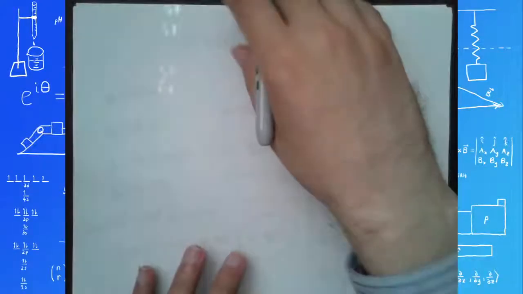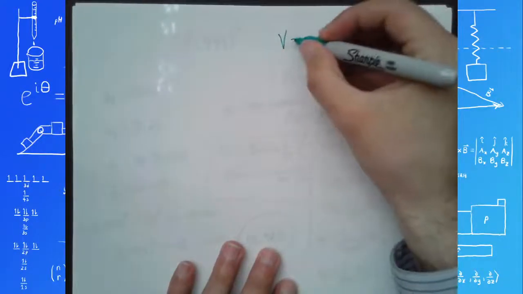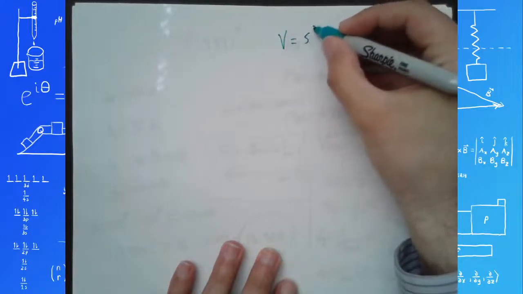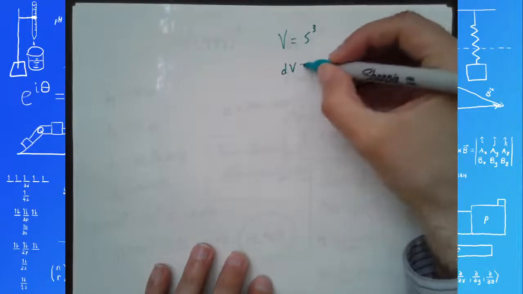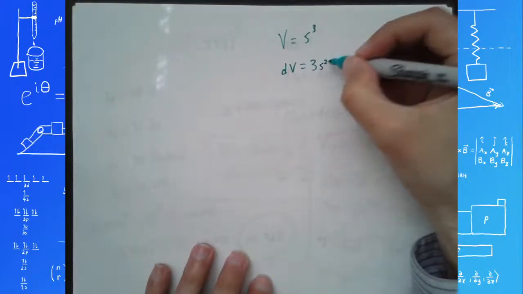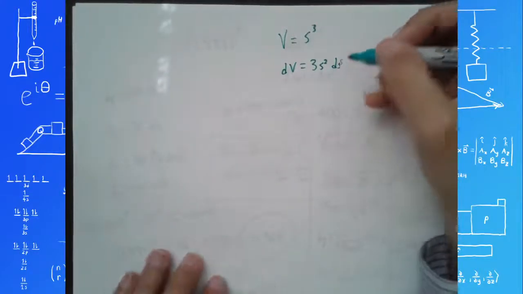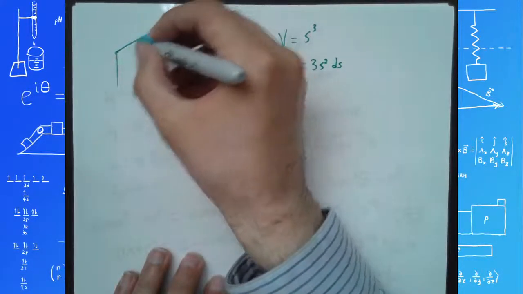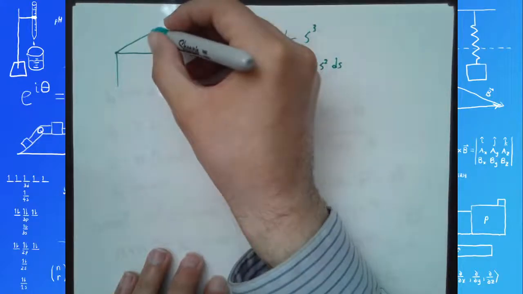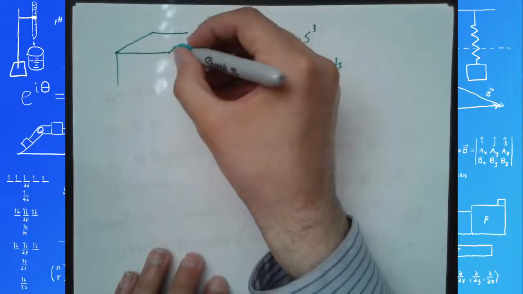Of course, what I did last time was we drew the cube. We wrote that the equation for the volume of a cube is V equals s cubed. And we differentiated, we got dV equals 3s squared ds. Let's see, and our cube looked something like this.